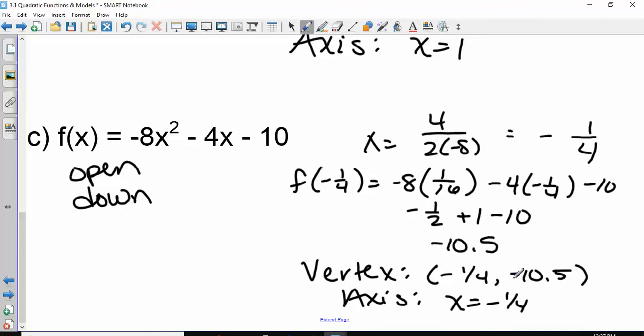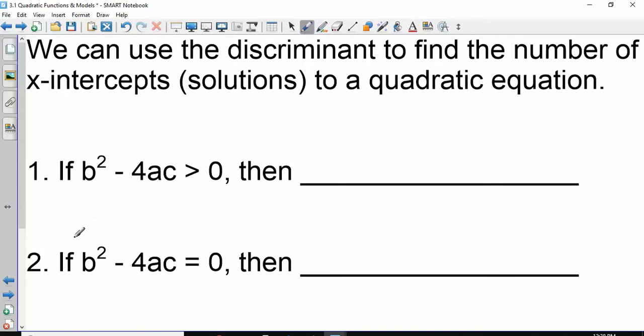Then the next piece on your notes, we have the discriminant. So the discriminant is the thing under the square root in the quadratic formula. It's b squared minus 4ac.